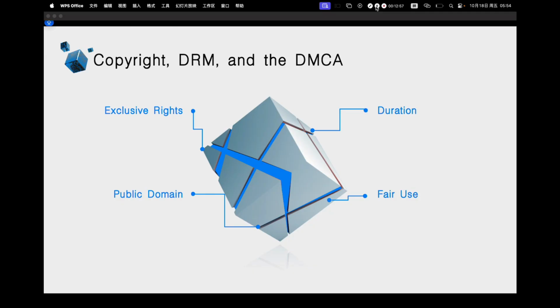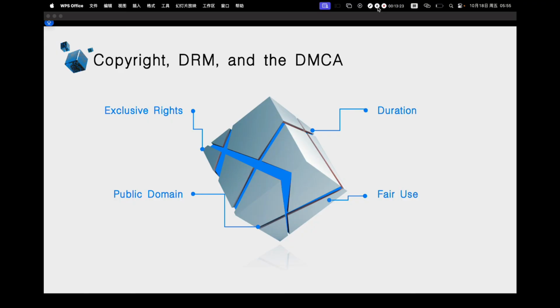The second part is duration. Copyright does not last indefinitely. The duration of copyright protection depends on the type of work and when it was created. This limits how long your copyright lasts. And the third one is public domain. Works in the public domain are not protected by copyright.